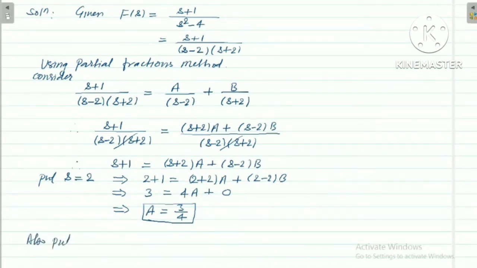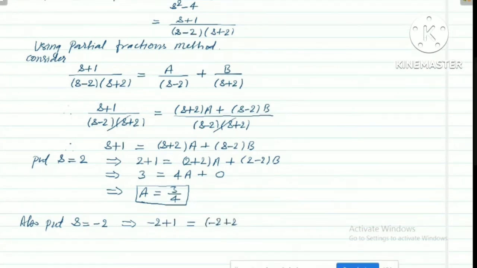Also put s equal to minus 2 here. So this gives minus 2 plus 1, and this is equal to minus 2 plus 2 a plus minus 2 b.